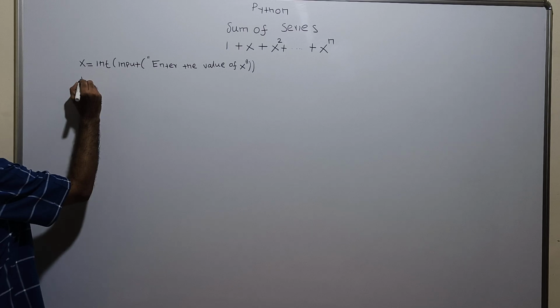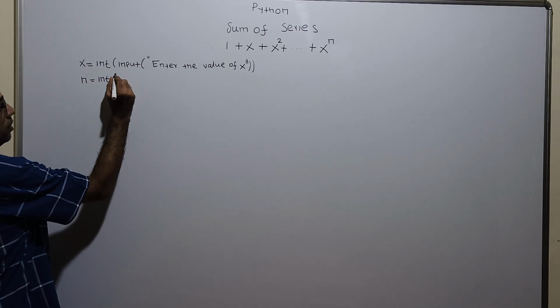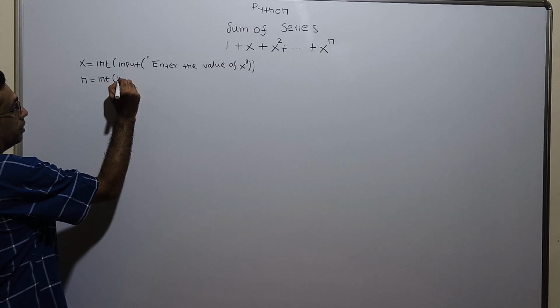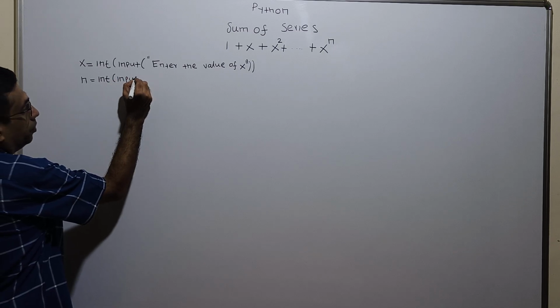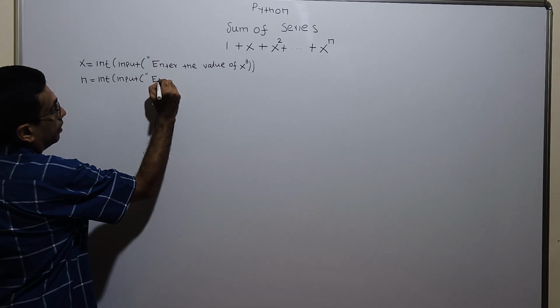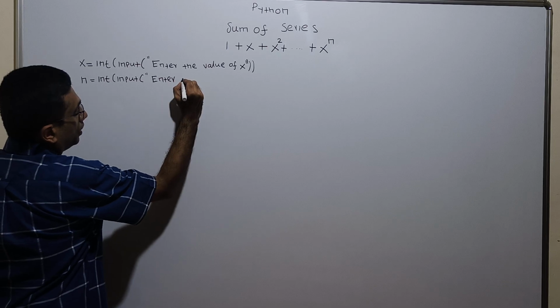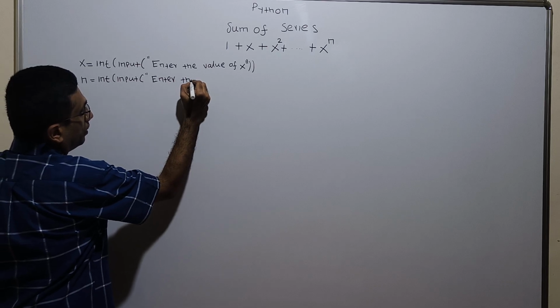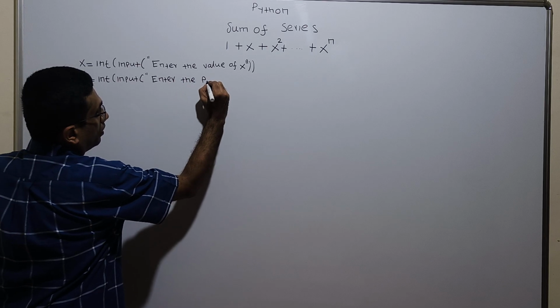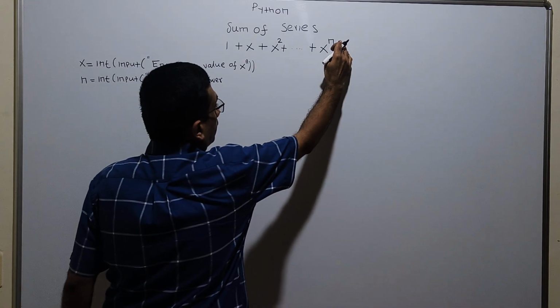Now n equal to integer of input of, within the double quotation I am giving a string "enter the power". The power value is n, that is a range.